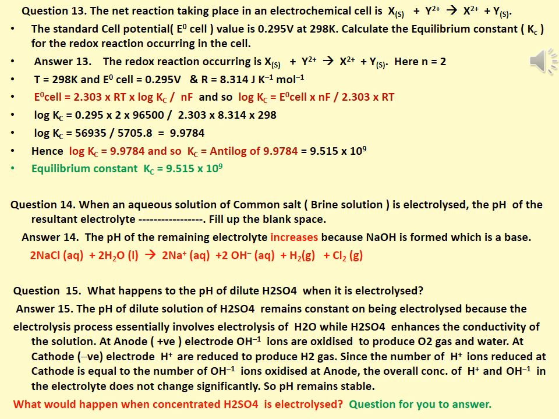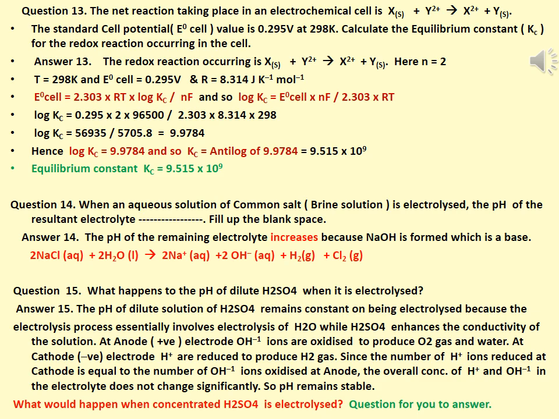So substituting in the mathematical expression, E naught cell is equal to 2.303 RT log Kc divided by NF. Therefore, log Kc is equal to E naught cell into NF divided by 2.303 RT. Substituting values, we get log Kc is equal to 9.9784.